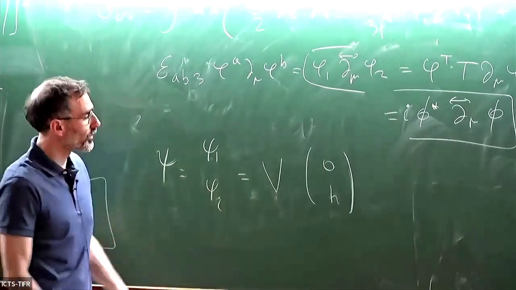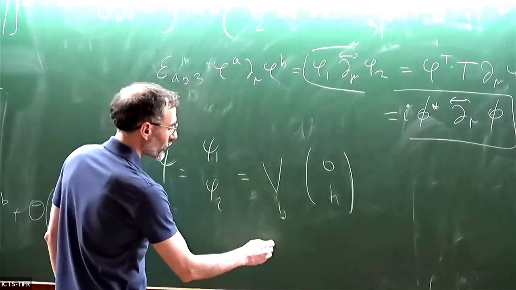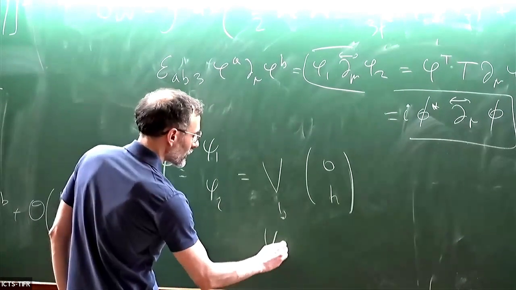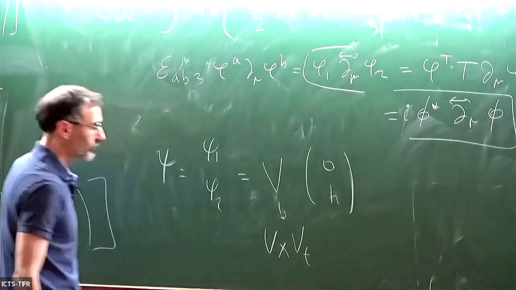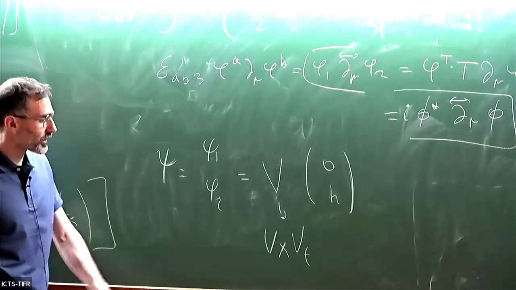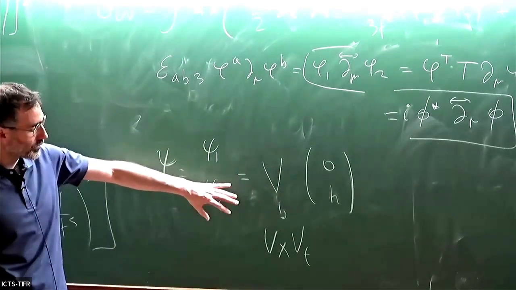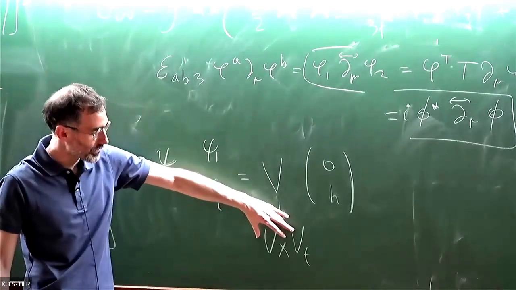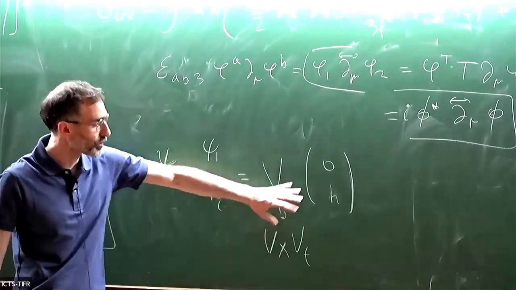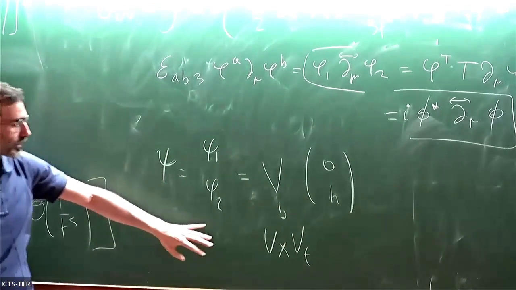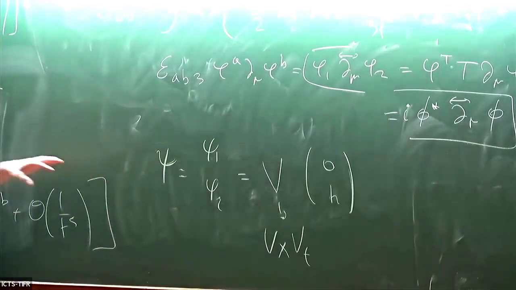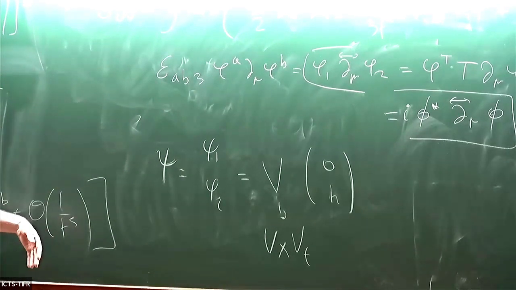Now I can further decompose that V into a broken and an unbroken part, Vx and Vt. What I'm saying is that the degrees of freedom in Vx are the Goldstone bosons that we'll see. The other two are heavy, and in this context, they won't show up. But for the UV completion of that, you'll indeed, like you said, need full SU(2) representations.